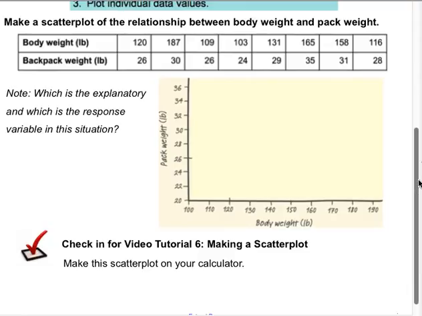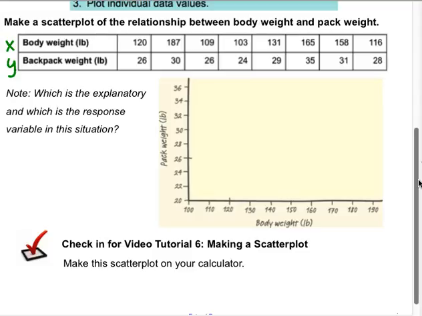So what I would probably say is your body weight would be explaining how heavy of a backpack you can carry, okay? So I'm going to use the body weight to explain how heavy of a backpack these individuals can carry, all right?